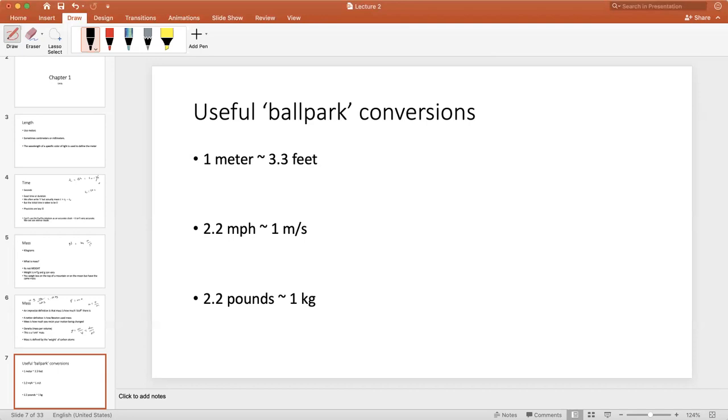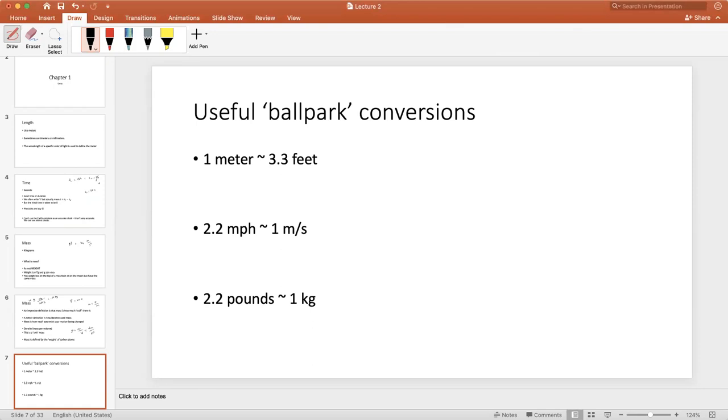Is that slow? Well, it turns out it's almost the same for converting from miles per hour to meters per second as converting from pounds to kilograms. If you multiply meters per second by 2.2, you'll get the speed in miles per hour. So about 14 meters per second is around 30 miles per hour. You guys should know how fast that is driving in your car.